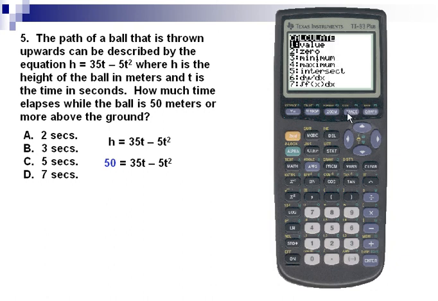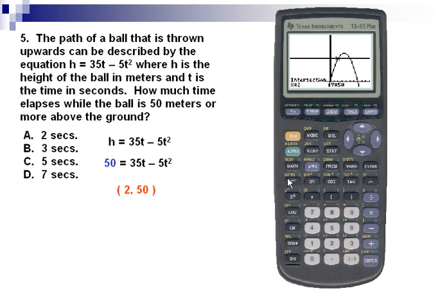So let's go to second calculate, and we want to calculate the points of intersection, so choose number 5. The first curve is our line y equals 50, press enter. The second curve is the quadratic, press enter. Then move the cursor close to one of the points of intersection and press enter. Notice that this point of intersection is the point 2, 50.